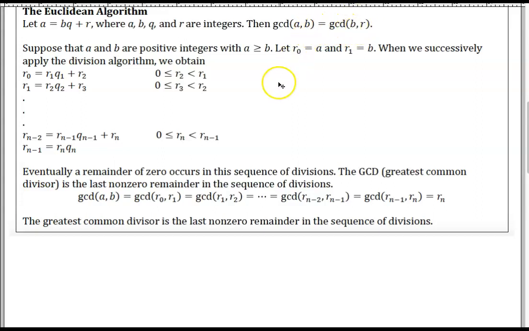So we're going to repeat this process. We take b and r, write it in this fashion and find the remainder. We repeat the algorithm until we get to a remainder of zero, and the greatest common divisor is the last non-zero remainder in the sequence of divisions.